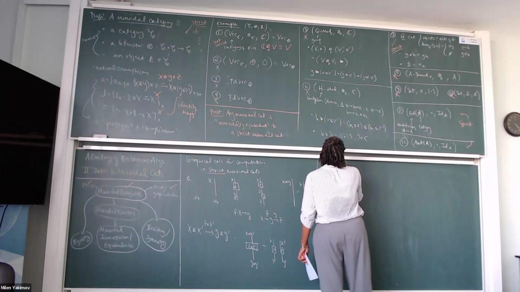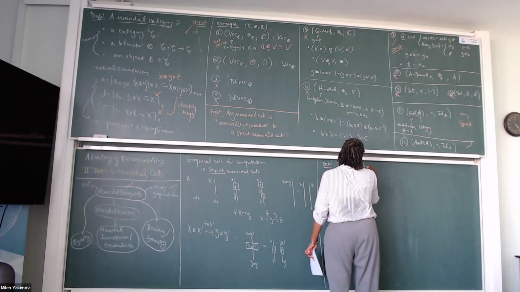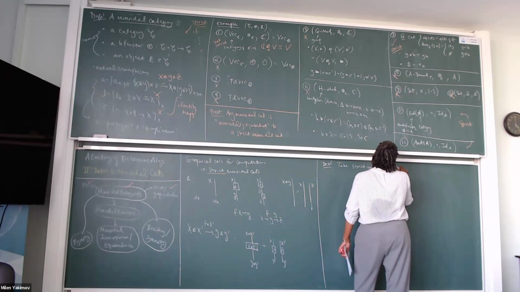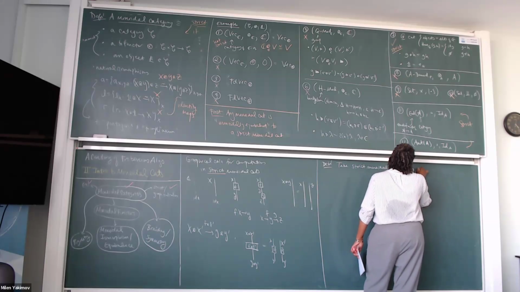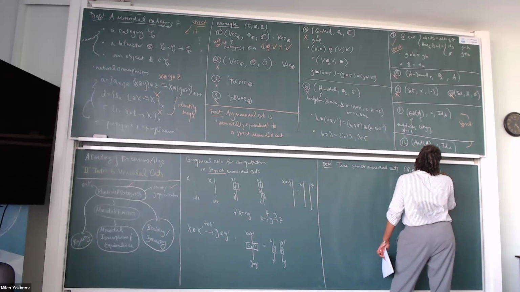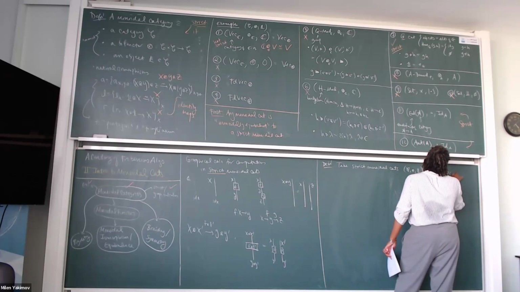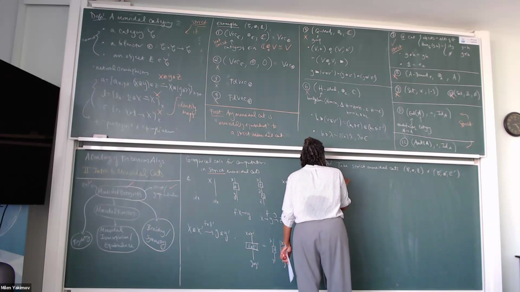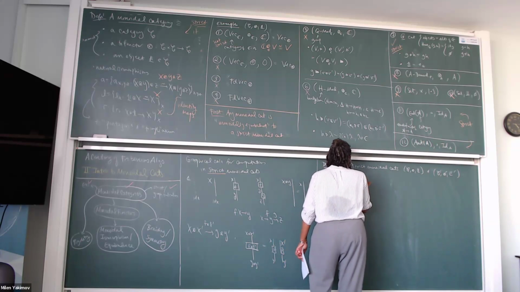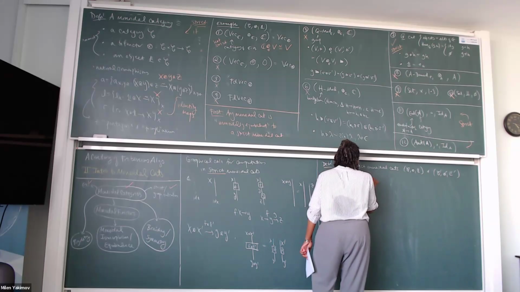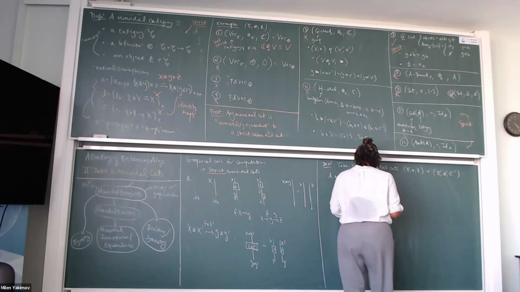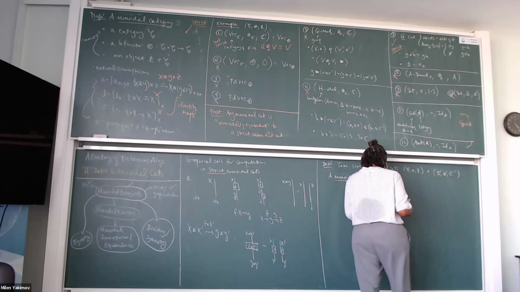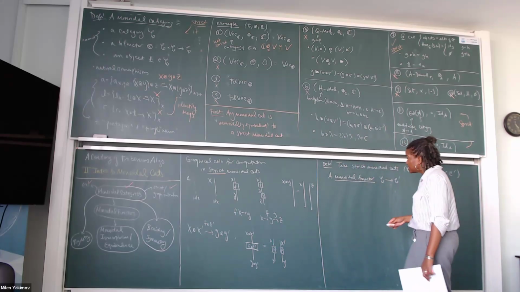Okay, so let's take strict monoidal categories C with the data and C prime with the data. Okay, a monoidal functor. Monoidal functor. Basically going from C to C prime. This is going to be some data.